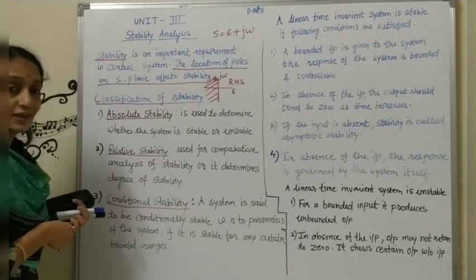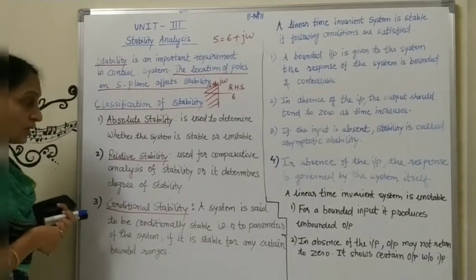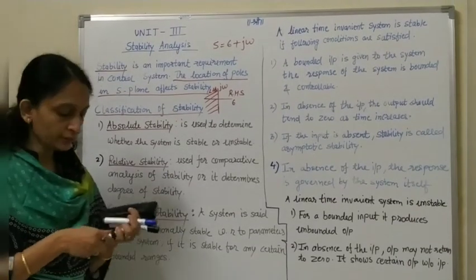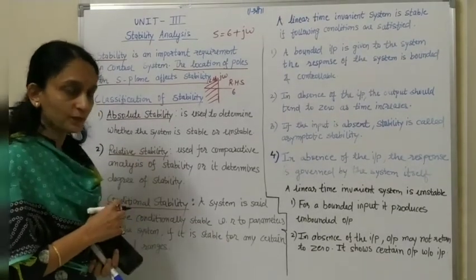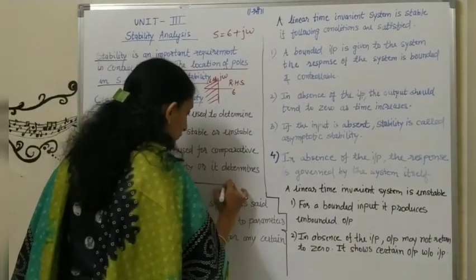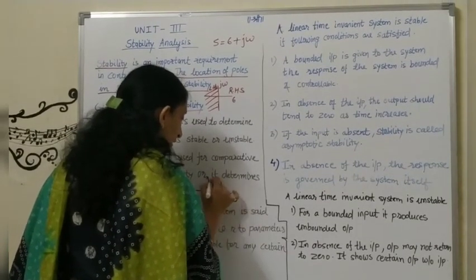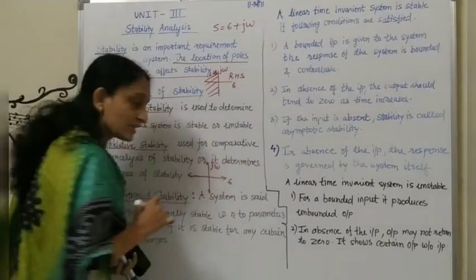Now next, relative stability. Relative stability is used for comparative analysis of stability, or it determines degree of stability. I will give an example here to explain the relative stability. We have to solve numericals based on this relative stability, but I am explaining this with the help of one example.